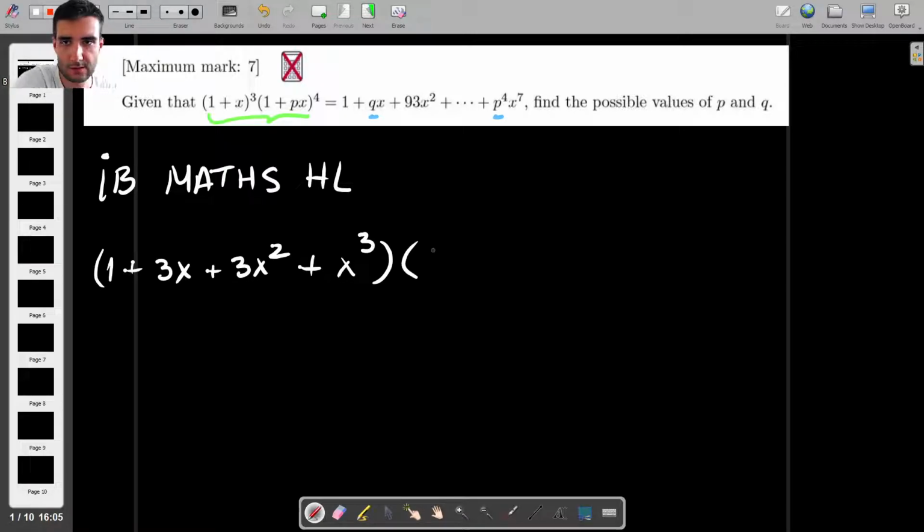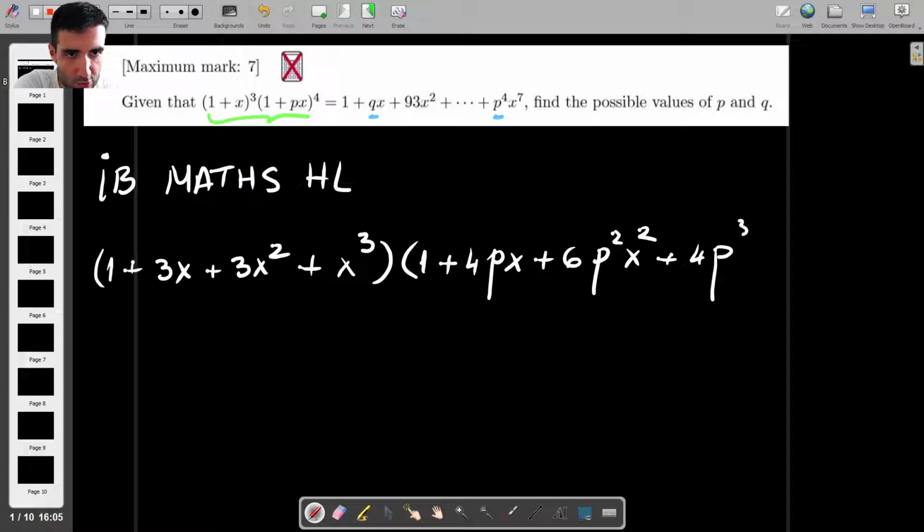The other one is going to be 1 plus 4px plus 6p squared x squared plus 4p cubed x cubed plus p to the 4 x to the 4.